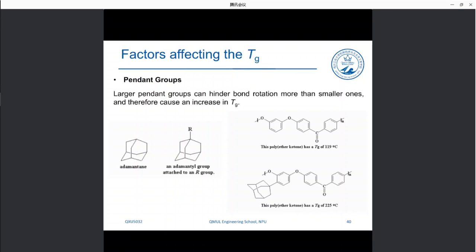Now, there are some side groups, like this group, adamantane, which is a very large group, because essentially a big group like that just acts like a hook that catches on nearby molecules, okay? It's like you have a boat, and this acts like an anchor.